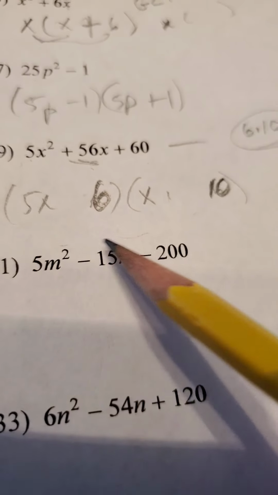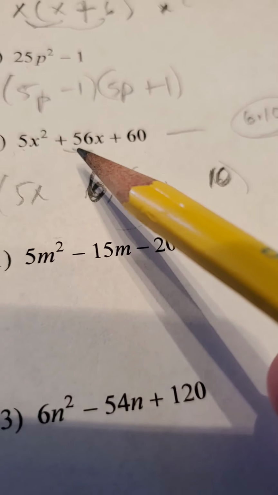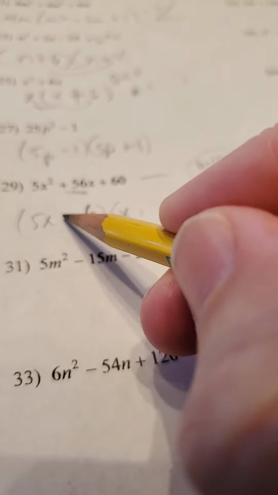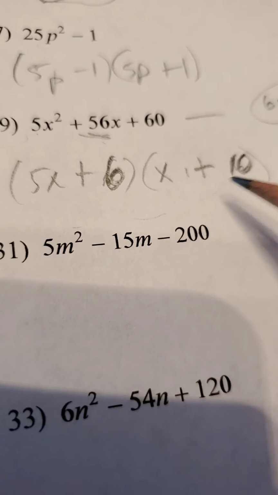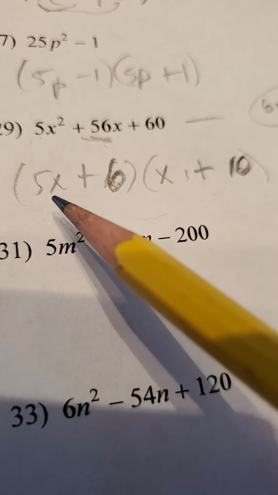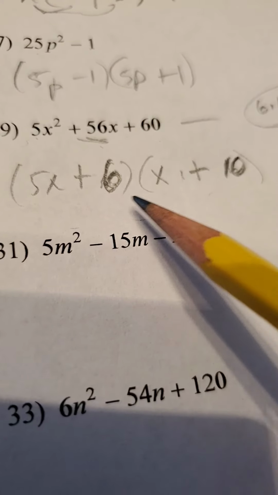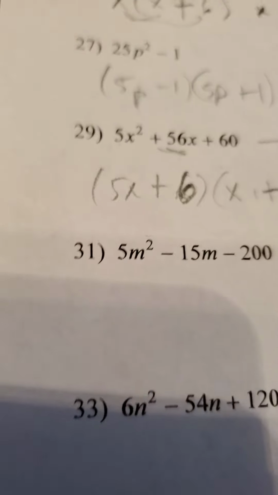Now that gives me a 50x and a 6x, which does add to 56x, so I know I'm in the right spot here. This factors into 5x plus 6 and x plus 10. FOIL to check: 5x squared, 50x and 6x is 56x, plus 60.